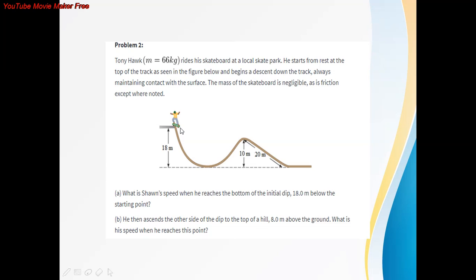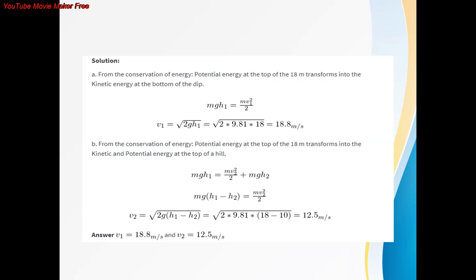So potential energy transforms into kinetic energy. So this mgh will be equal to 1 by 2 mv square. Mgh1 equal to m v1 square by 2. So finally we will find this v1, which is equal to root 2gh1. h1 we know that is 18 meter, and we find that the answer is 18.8 meter per second.